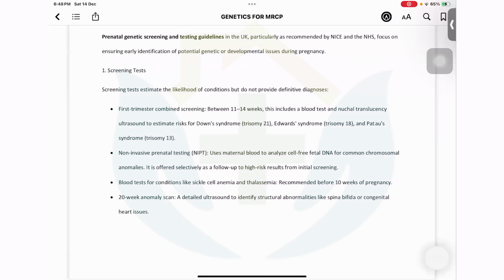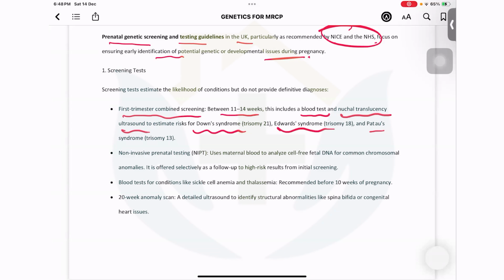All right. So let us go through the prenatal genetic screening and testing guidelines in the UK, particularly as recommended by NICE and NHS. Let's focus on early identification of potential genetic and developmental issues during pregnancy. You need to remember these by heart. So screening tests are there, and then diagnostic are there. Screening is first trimester combined screening between 11 to 14 weeks. We do a blood test and check nuchal translucency ultrasound to look for Down syndrome, Edwards, and Patau's.